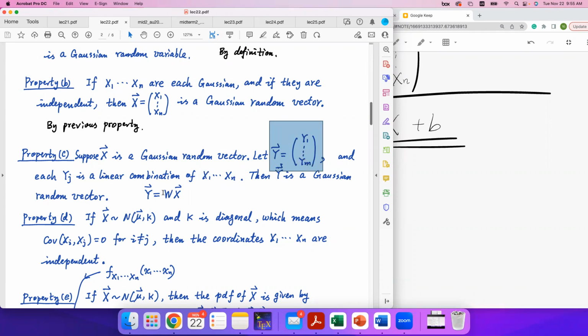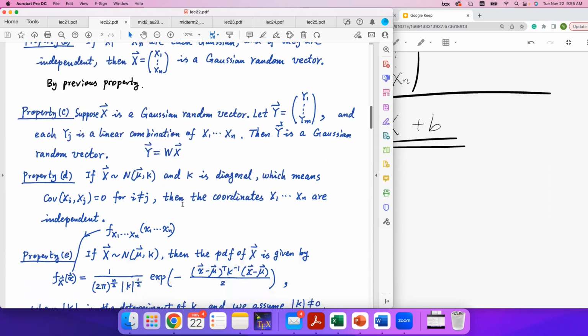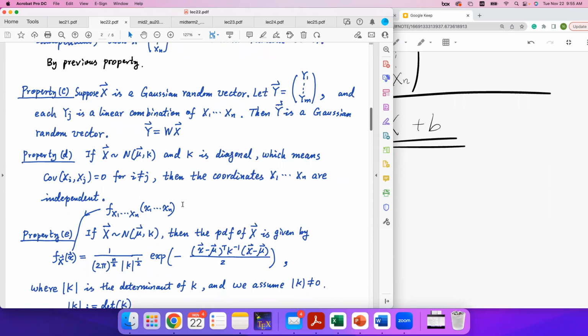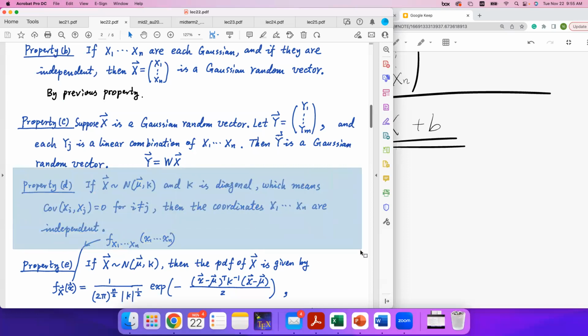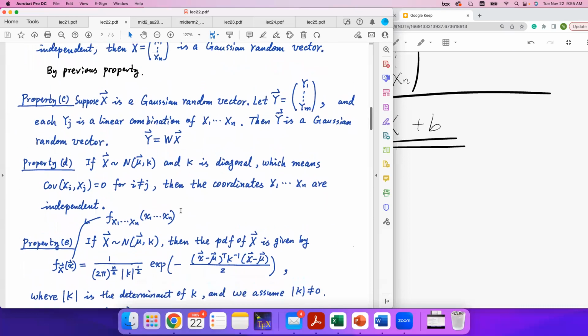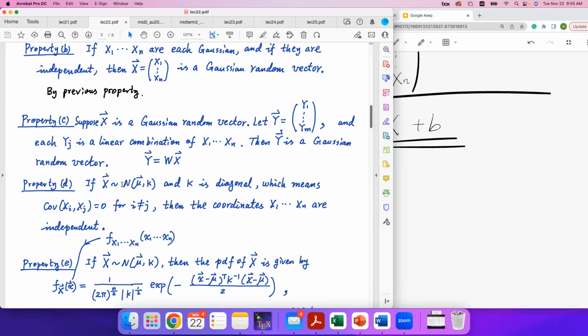In that case, this W is m by n. So W can be a non-square matrix. And this property is a very nice property that we will use in many cases.